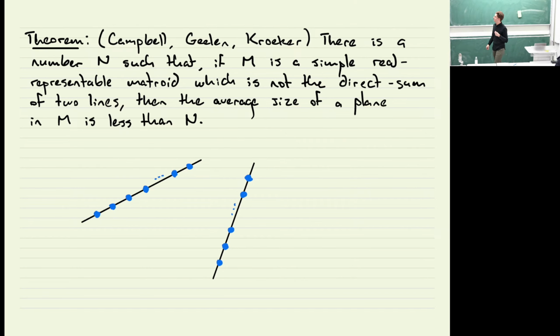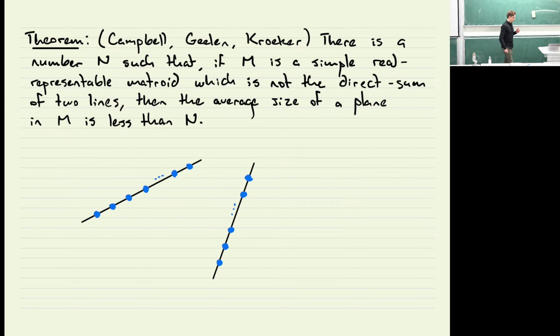Now, the matroid itself is a combinatorial object, so the matroid is only concerned with this geometric data as it relates to that finite point set. So a plane in a matroid, for example, is not a plane in real space. It's the collection of points from the point set sitting in that plane.